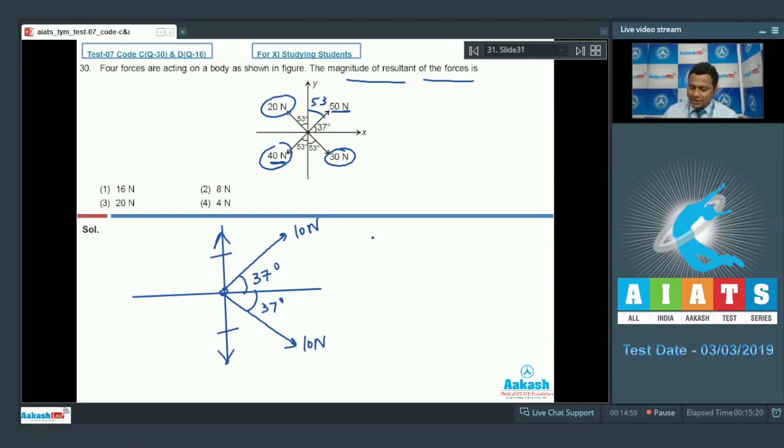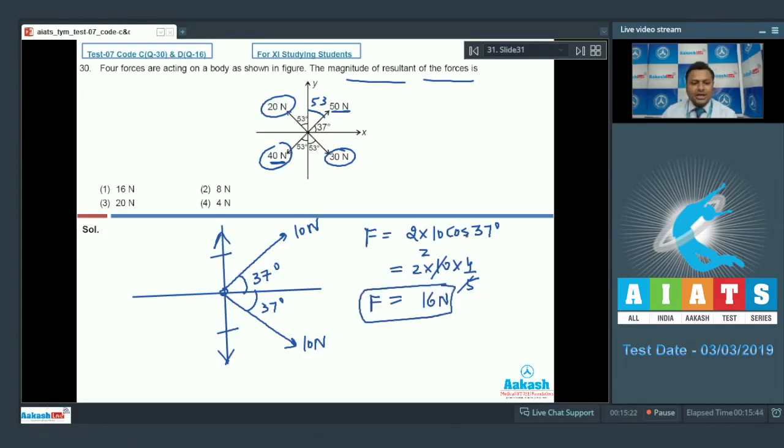You will get the net force F as 2 into 10 cos 37 degree. So 2 multiplied by 10 multiplied by cos 37, which is 4 by 5, gives 16 Newton. Therefore the net force will be 16 Newton, and after looking at the options, option number 1 is absolutely correct. We'll go with option number 1.